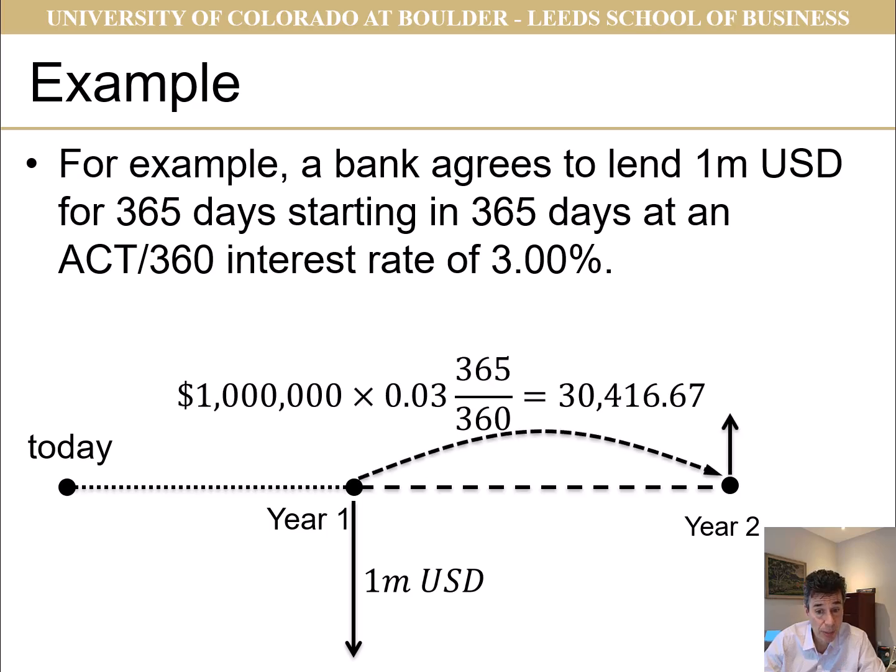They receive back at year 2 the interest, which is, again, an actual over 360 rate. So that's $1 million times 3% times 365, the number of days the lending is taking place for, divided by 360, or $30,416.67. And then, of course, they get their $1 million of principal back.